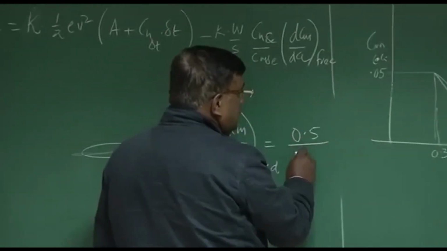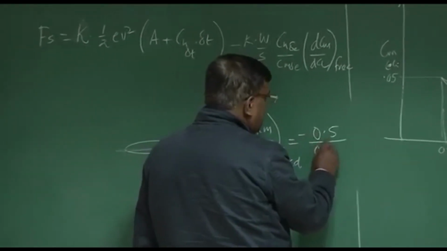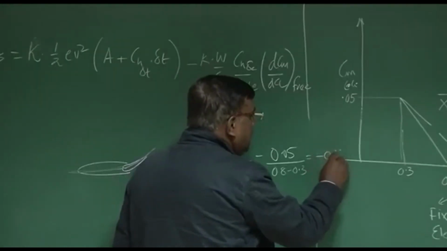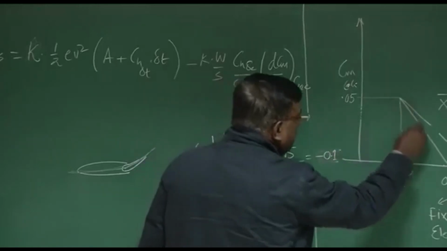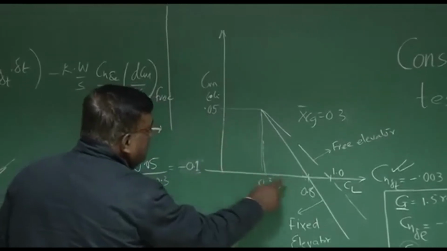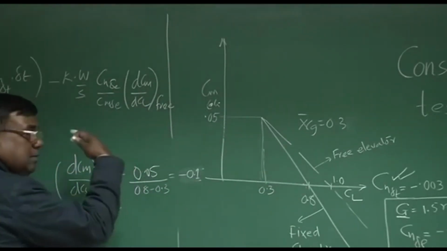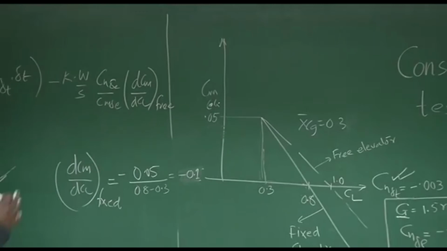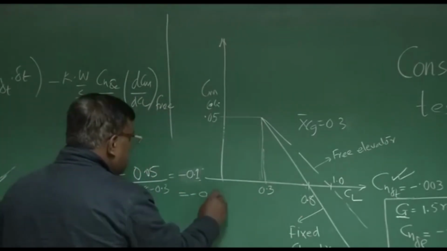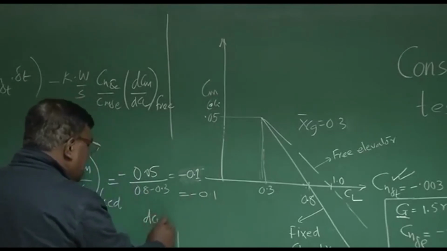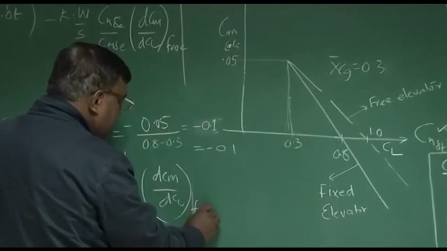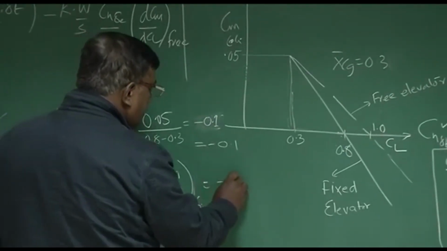Here I put 0.8 minus 0.3, so this will be 0.5, and this is 0.05. So 0.05 by 0.5, with the minus sign because the slope of this line is negative. So this is minus 0.1. So I get dCm by dCl fixed, elevator fixed, stick fixed, is minus 0.1.